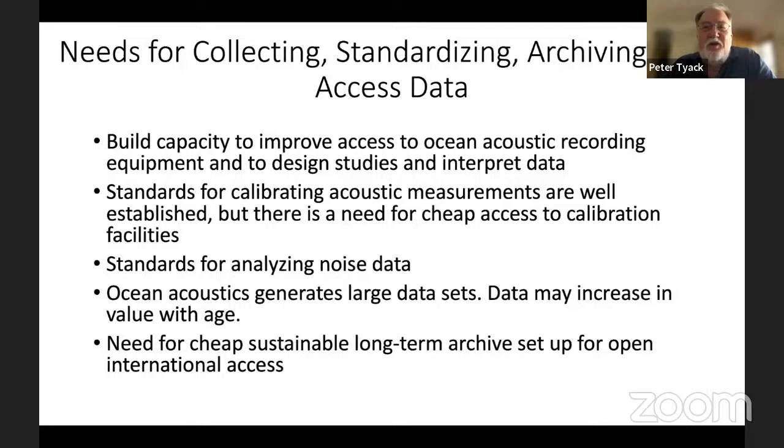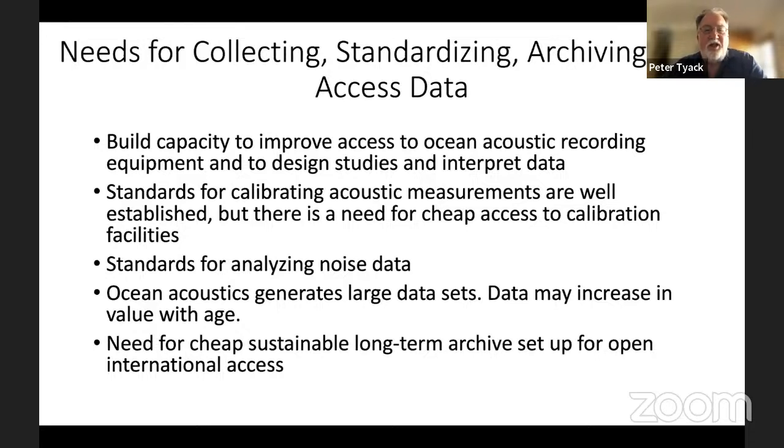In order to take advantage of the kind of applications I've described, we still need to build capacity to improve access globally to ocean acoustic recording equipment. Standards for calibration are superb, but there's a need for cheap access to calibration facilities globally. There are excellent standards for analyzing noise data. Those are really in place now.